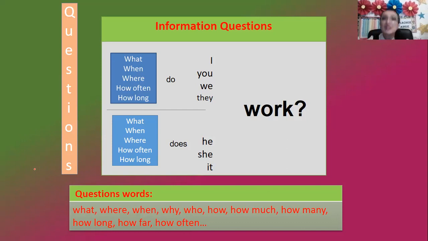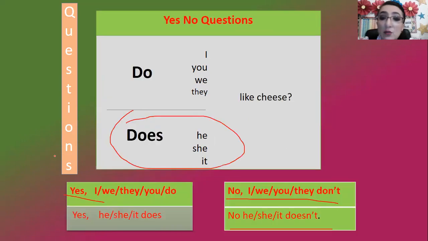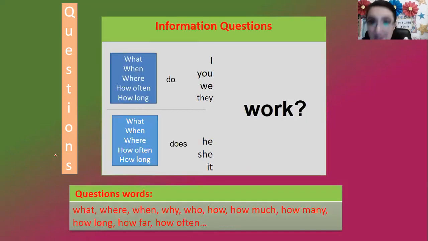This is for the most specific information. With these questions, you are not going to answer "yes, I do" or "no, I don't." With those, you would have the answer yes or no, or long answers. But with this, you need to give very specific information in order to answer the question.